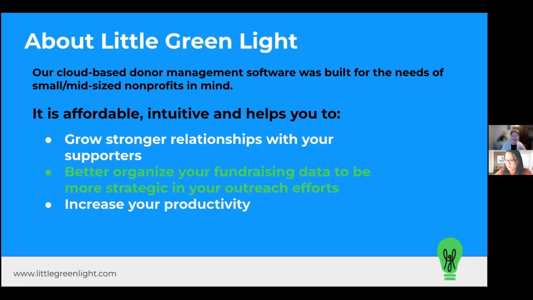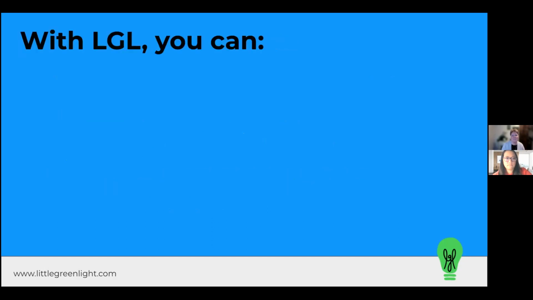We know from our own work with small nonprofits and with the customers that use LGL that many of our customers have lots of other responsibilities on their plate other than advancement and development work. And we knew we needed to provide them with a tool that would make it really easy for them to hop in, do what they need to do, and get out and focus their time and energies on their donors.